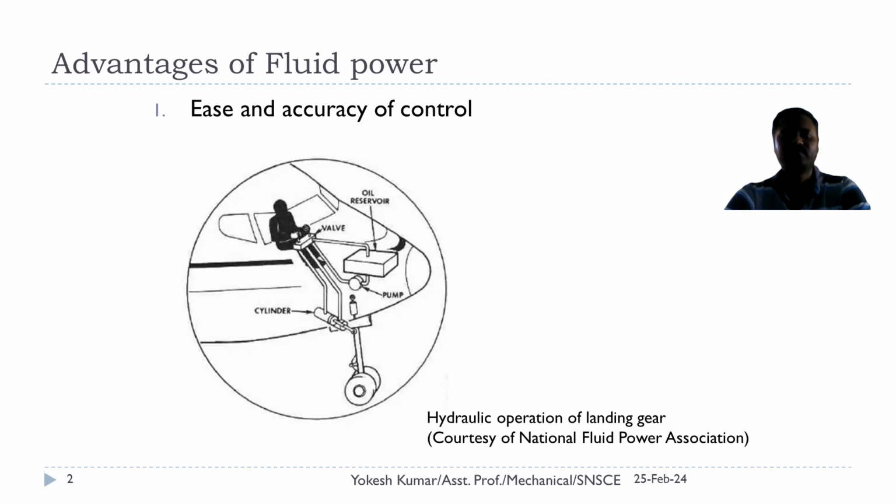Finally, the landing of the aircraft takes place. The aircraft is a very huge and massive structure, which is easily controlled by means of a fluid power system with very little force. So ease and accuracy of control is possible in the fluid power system. It is not possible in the mechanical system and is only partially possible in the electrical system.